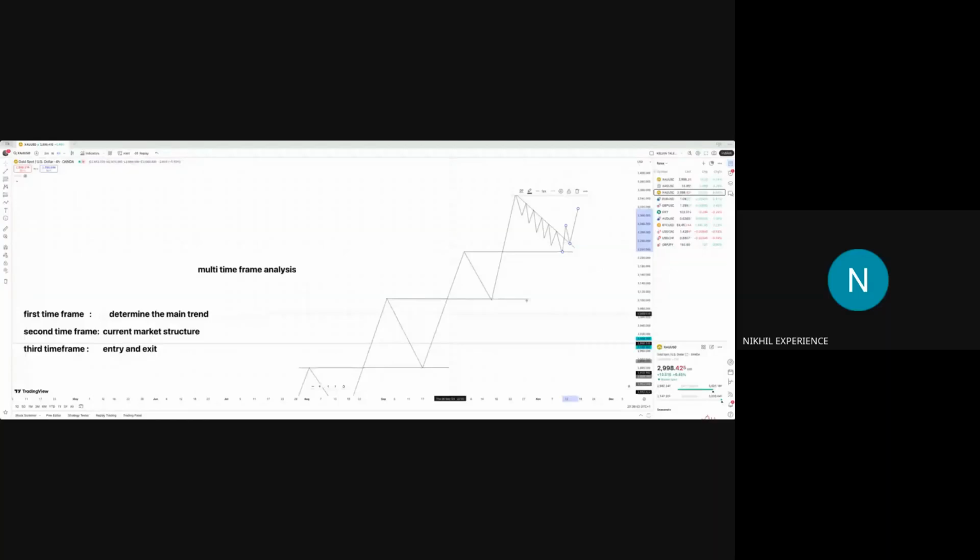Once you get a candlestick confirmation, it could be a morning star, it could be an engulfing. Once you get a candlestick confirmation at this retest, because if you don't get that confirmation, the best thing is to leave the market and wait.